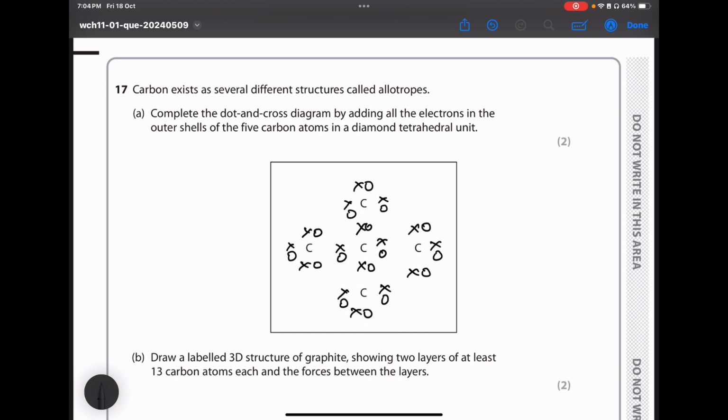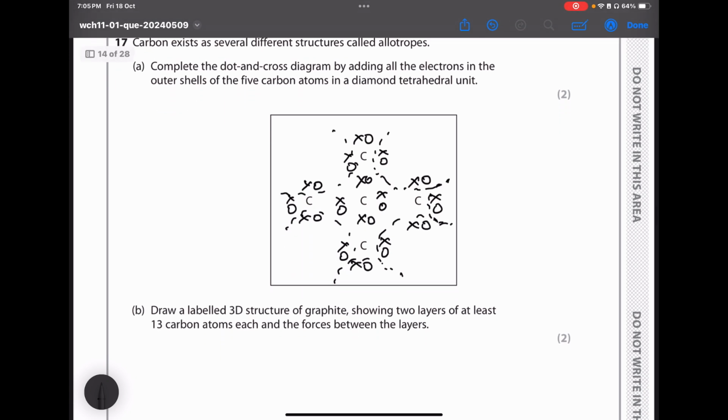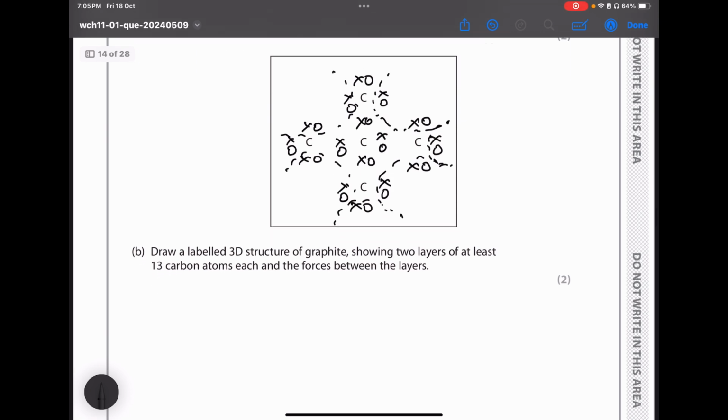So you can think of it that there is going to be another atom of carbon here, then another atom of carbon here, and then some here, some goes here, and then one gets here. That's how the interlocking structure is going to spread out throughout the structure of diamond.